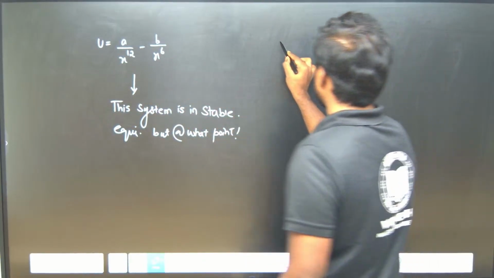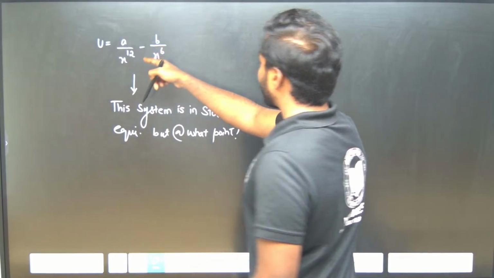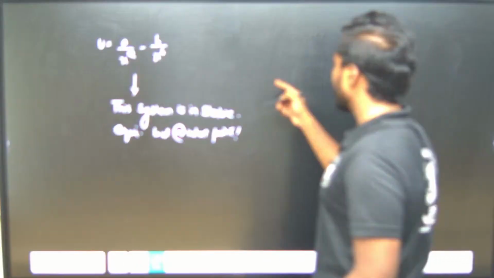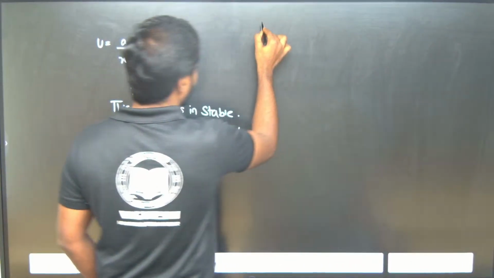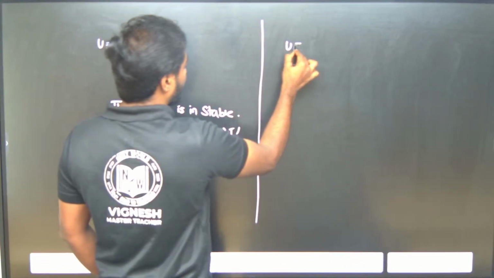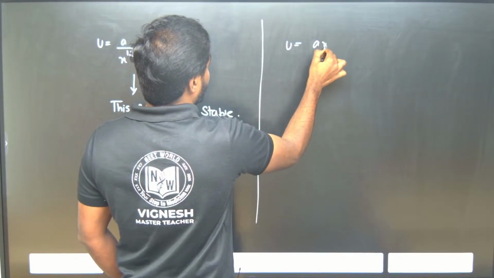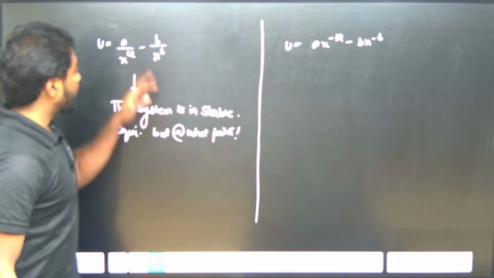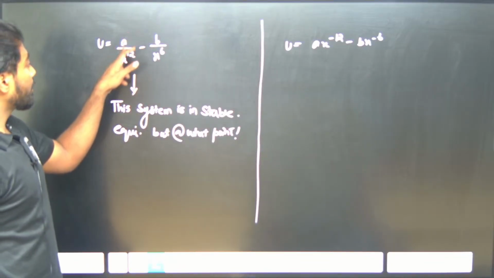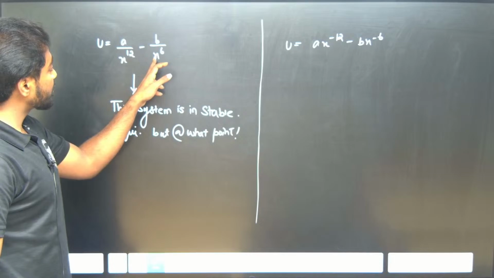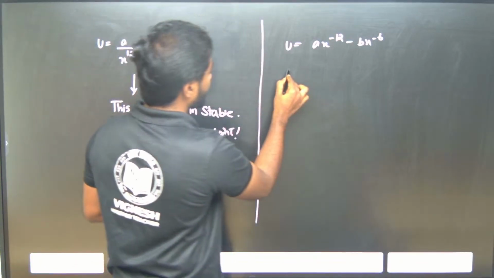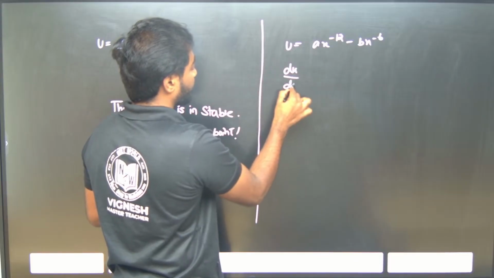So U equals A by x power 12 minus B by x power 6. Let me rearrange the equation: U equals A into x power minus 12 minus B into x power minus 6. I have taken x power 12 to the numerator as x power minus 12, and x power 6 to the numerator as x power minus 6. Now differentiate it, dU by dx.